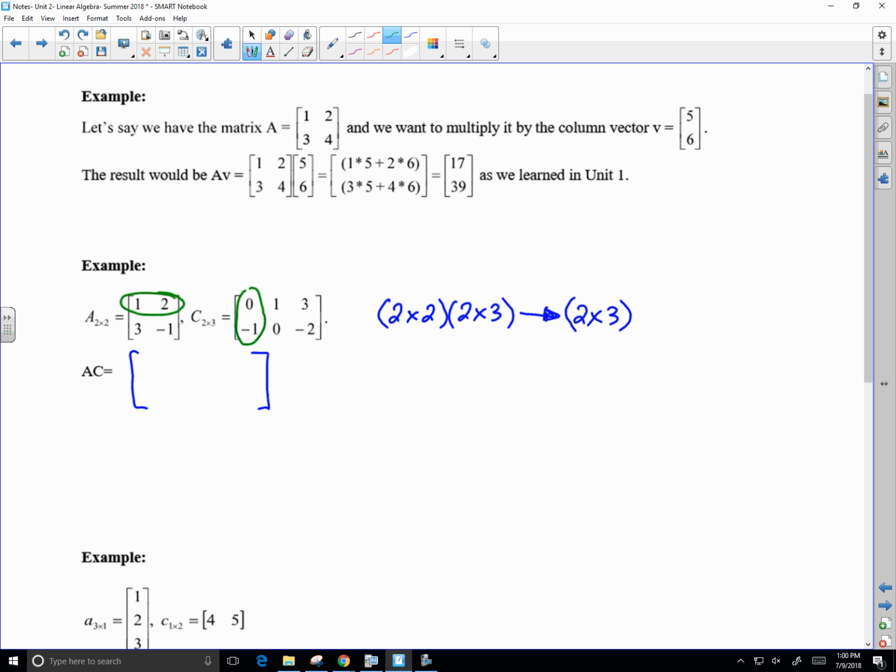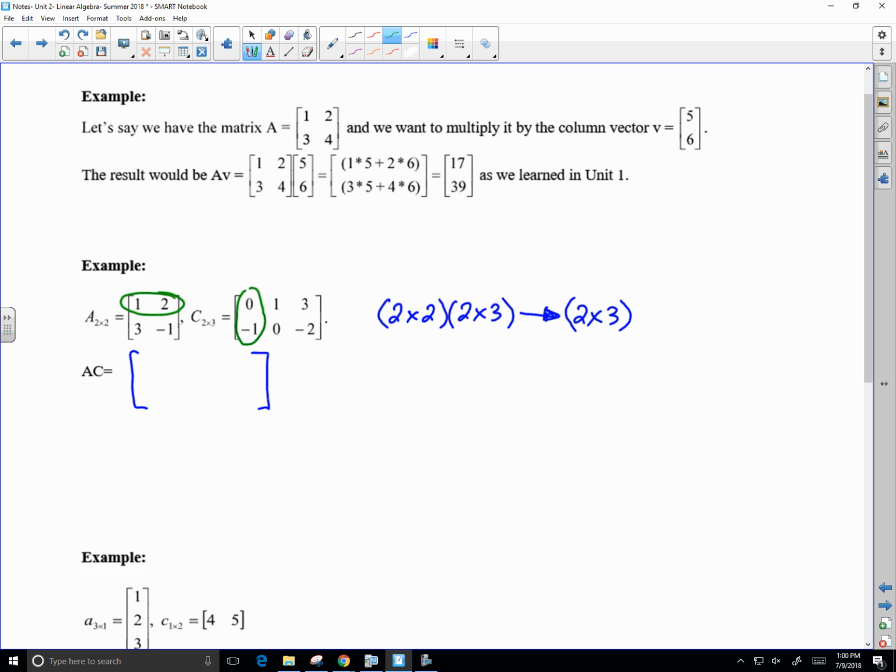And again, this is really just a shortcut to breaking it up like we did in the last unit and writing a bunch of different matrix vector products just to clean it up. Basically what you're doing, and it's more of a visual thing, is you're picking up this row 1, 2 and multiplying it by the column 0, -1, right?